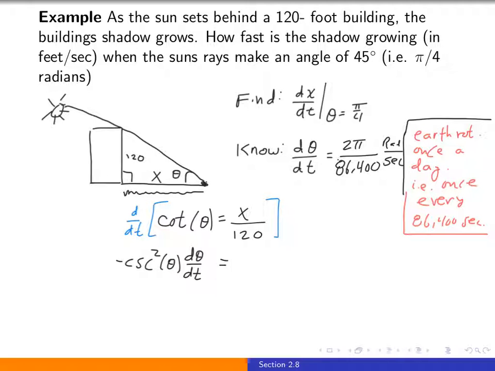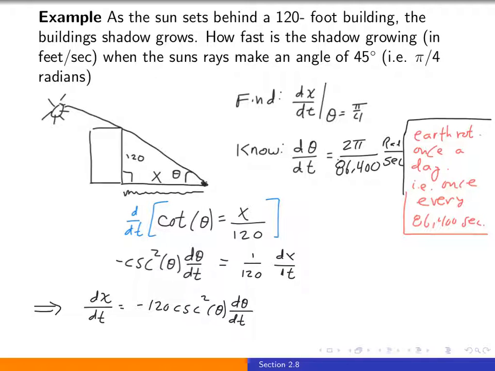On the right-hand side, we have 1 over 120 times the derivative of x with respect to t. So let's isolate the thing we want to find, dx/dt. It's going to be minus 120 cosecant squared theta d theta/dt.